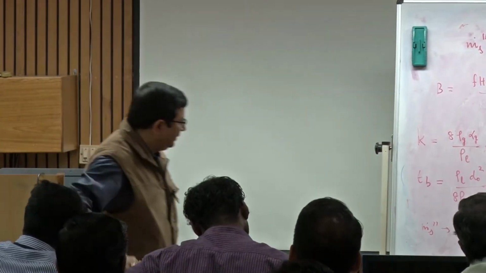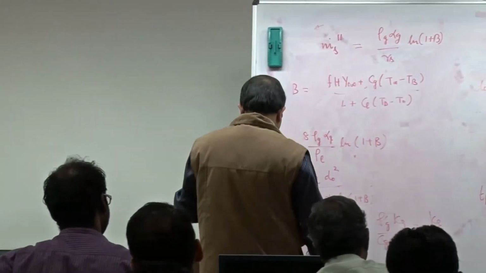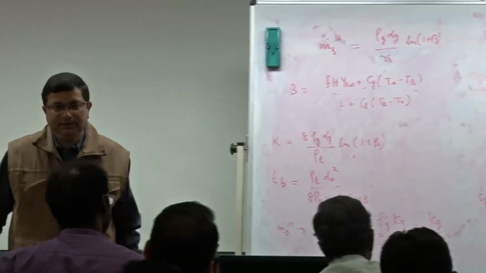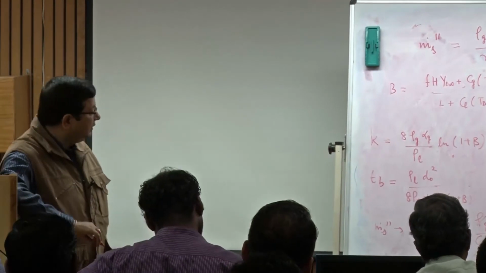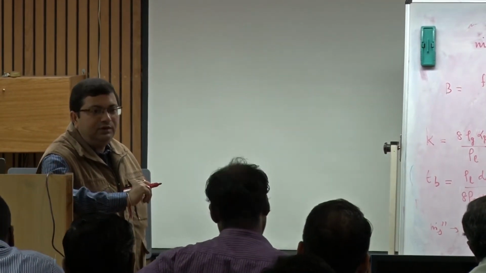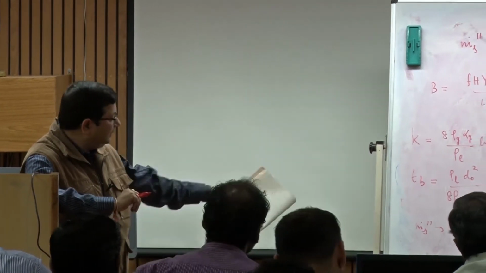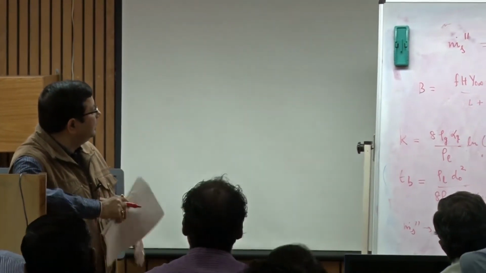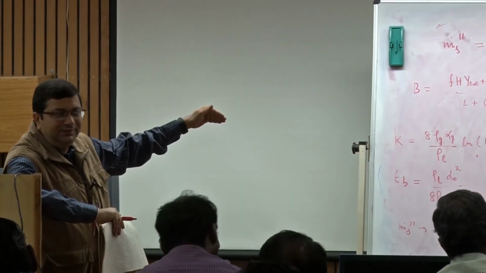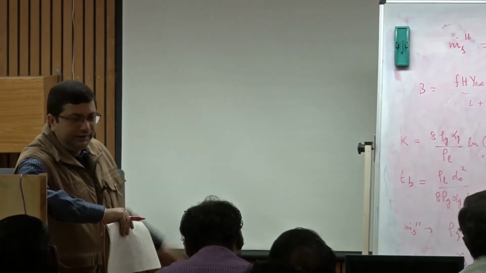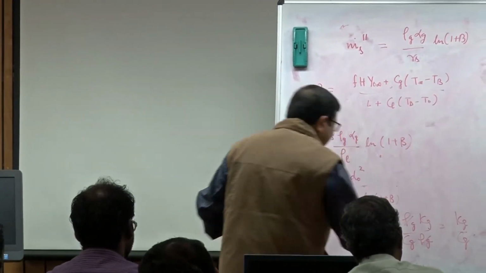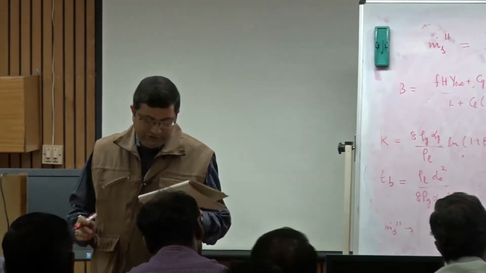Then next it depends on the size of the droplet R s. So, this has a strong influence. That is why we have to go for atomization, fine atomization, because if the size is large, as you can see, the evaporation rate is going to be very, very small. So, it will be burning at a much lower rate compared to what we want. Then it depends on this parameter B, which depends on the fluid properties.